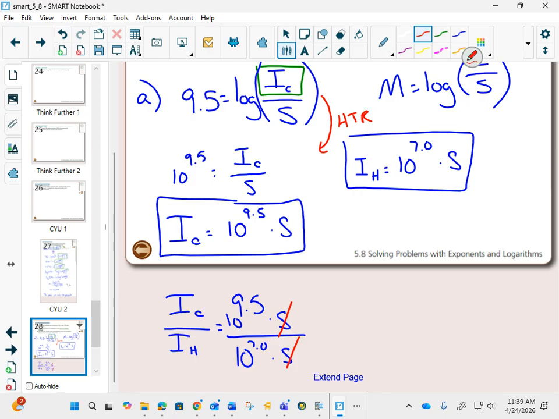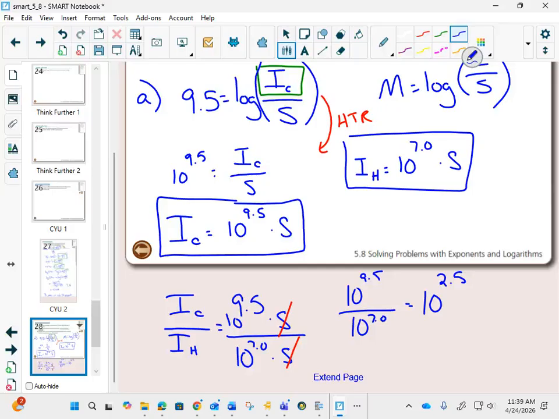And you're perfectly fine to do this as a shortcut. You can just go, I know that this one's 9.5, I know that this one is 7, my exponent laws say I should subtract. 9.5 minus 7 is 2.5.